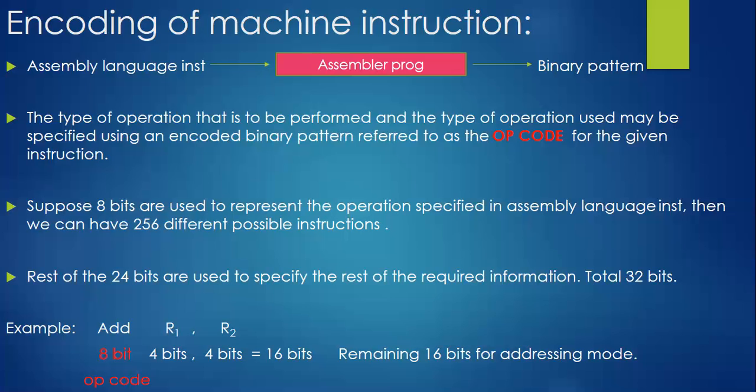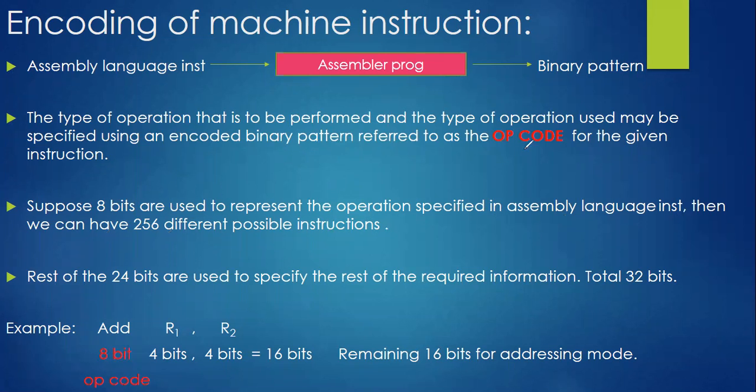Next, for representing this opcode, how many bits do we need? Suppose 8 bits are used to represent the operation specified in the assembly language instruction, that is, the opcode. Then we can have 256 different possible instructions.